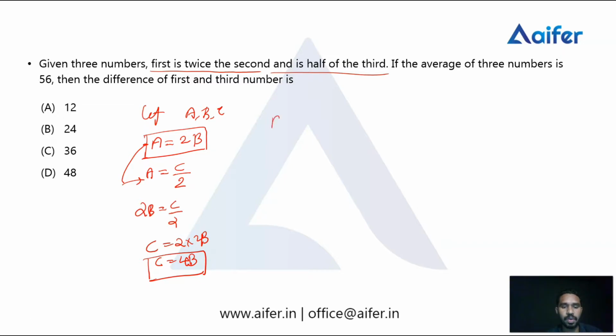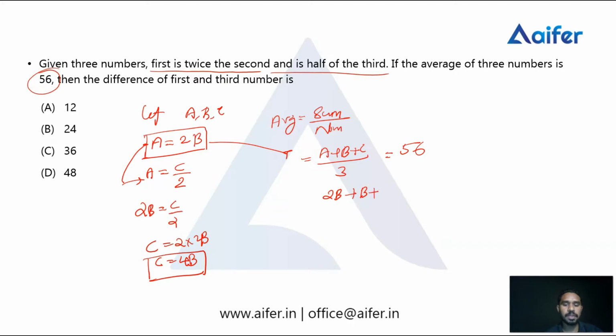We already know the equation of average: average is equal to sum divided by number. The sum is A plus B plus C, divided by the total 3 numbers available, which is equal to 56, as given. So for A we can substitute 2B, plus B, plus for C it is 4B, divided by 3, is equal to 56.